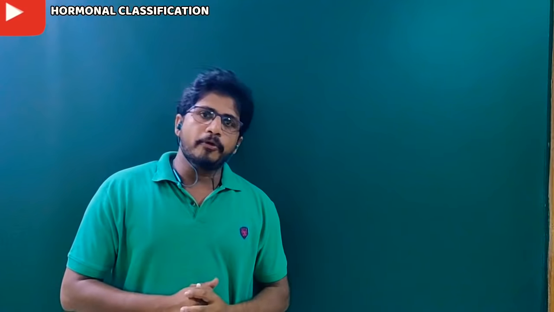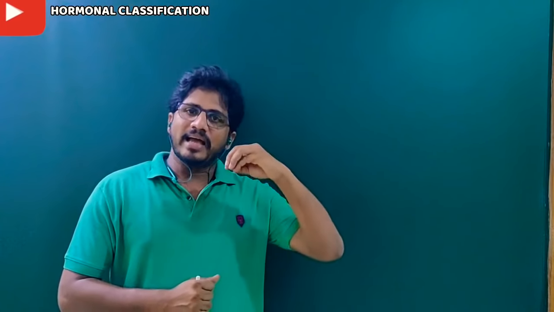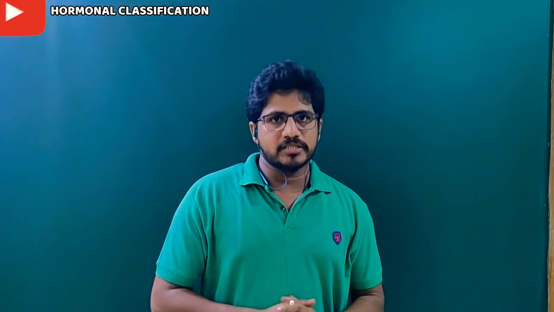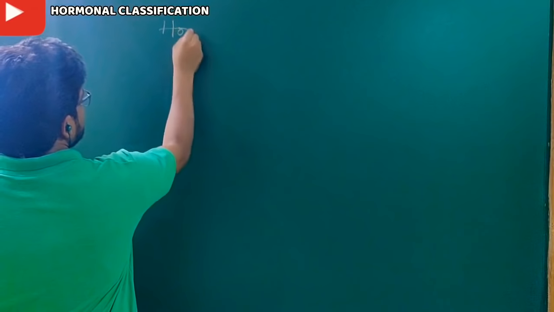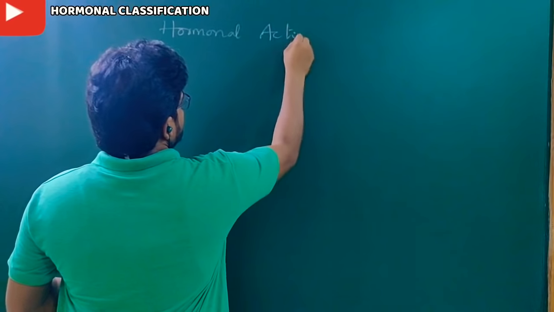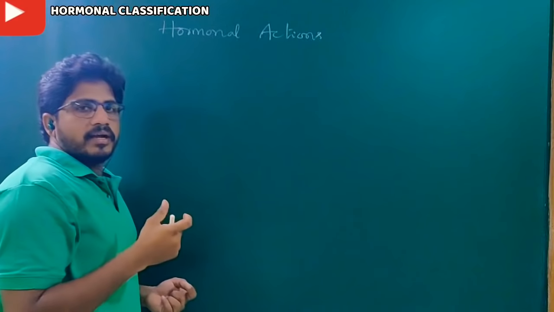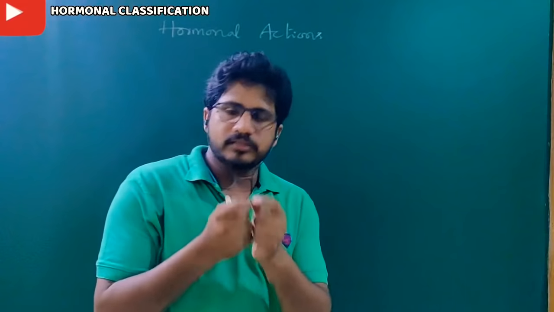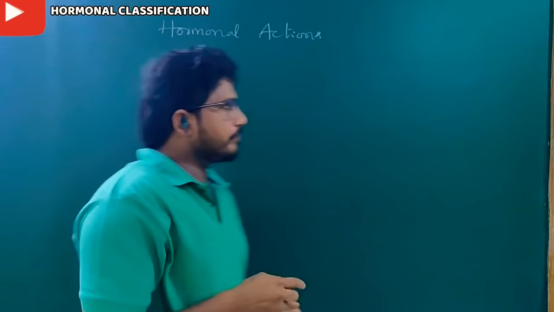That is according to one hormone's action with its opponent, another hormone's action. So it properly depends upon the hormonal actions. Let us see. According to hormonal actions, here we cannot consider its makeup or solubility.